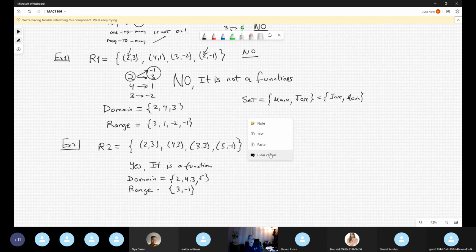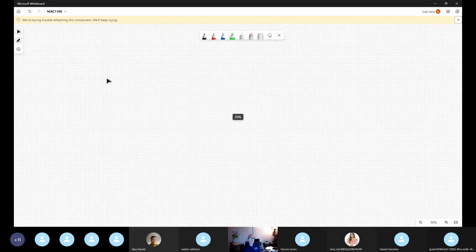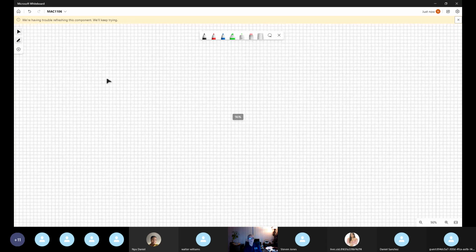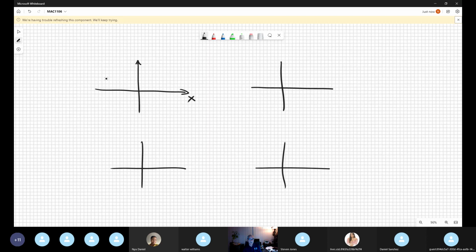After that, I want to explain a fantastic way to determine if one relation is a function or not when you have the graph. When you have the graph, I want to draw 4 different graphs. This is the x-axis, this is the y-axis.